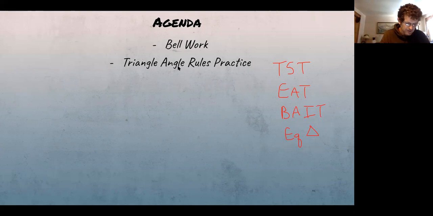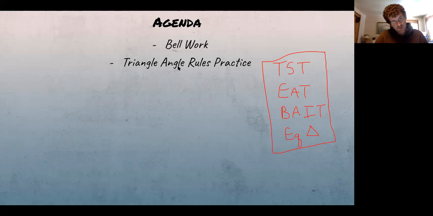We are going to be referring to those primarily today, but we could also be using other angle rules that we learned in the past. So at this point, we have 14 angle rules, I might be thinking that right.